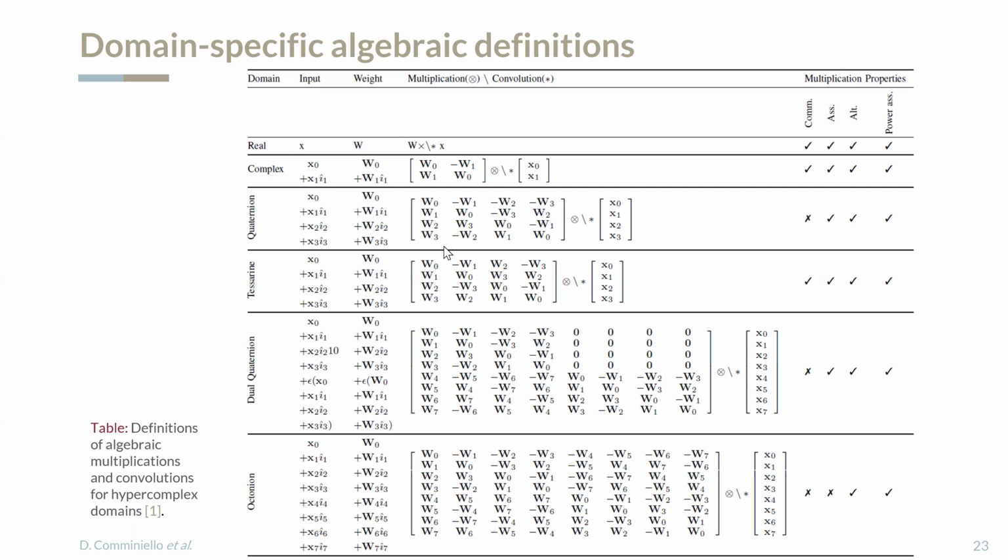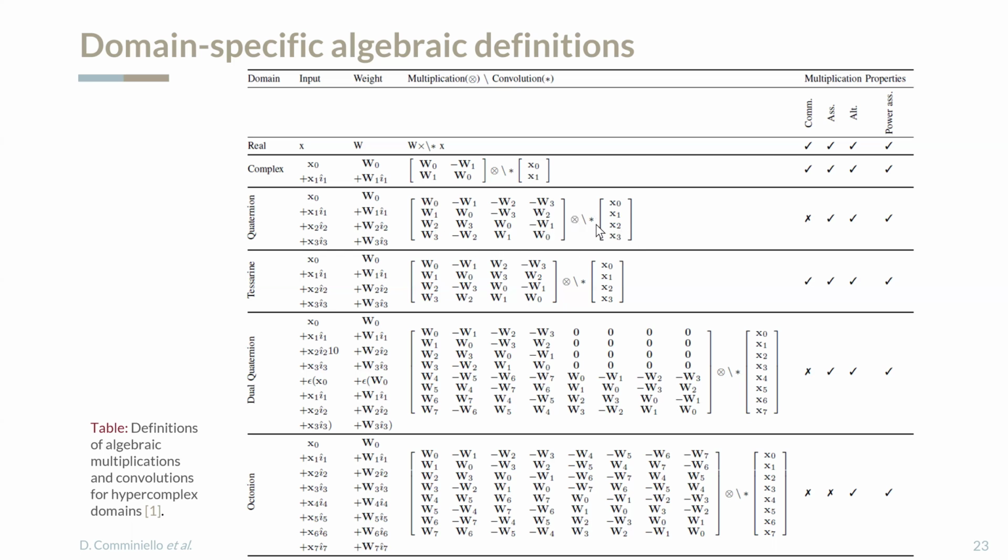Consider this part. In this example, you have the input, which is a vector, and the weight matrix, which is a matrix. Actually, you have real values here and real values here.